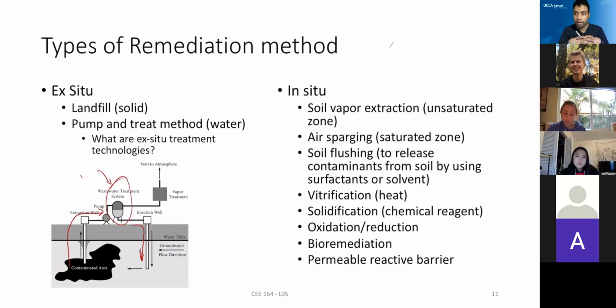So that's solidification. Then you have oxidation reduction, where you apply some kind of reactant that will destroy the pollutant, which is homework number one. By far, the most popular method now is bioremediation because it is a natural method. It doesn't have much side effect.